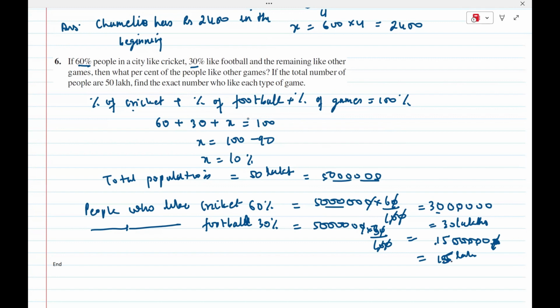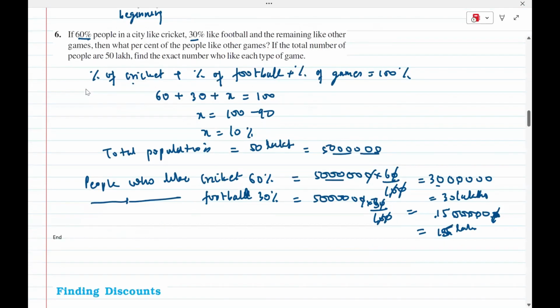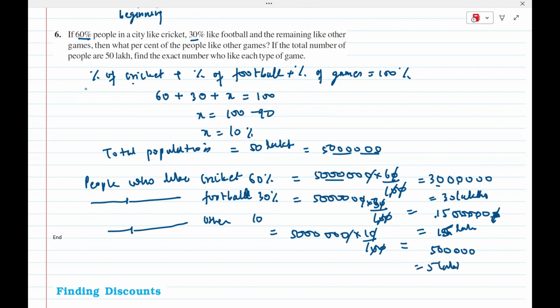Adding these two and subtracting from the total number of people, that is 50 lakhs, you can get it. Or there can also be a method where you calculate the same way. So it is 10% other games, and that is 50 lakhs into 10 upon 100. And it will give you 5 lakhs. That is 5 lakhs. Correct?